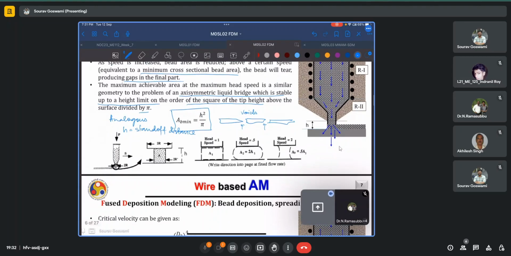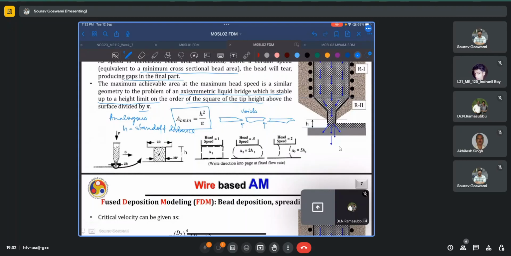And here we have certain representative cases. So the head is traversing into the plane. This is the direction of VT into the slide, and we see that for a representative head speed of 1, the area is equal to the area of the cross section of the deposition nozzle. If I decrease the head speed or the traversal speed, keeping the other factors constant, the cross-sectional area of the deposited bead will increase to twice.